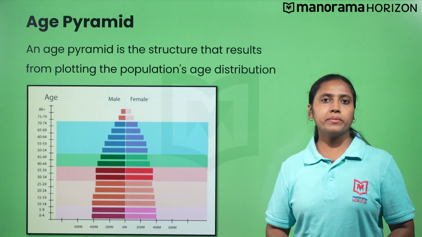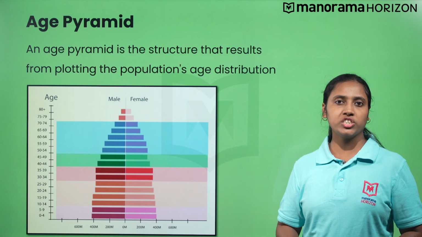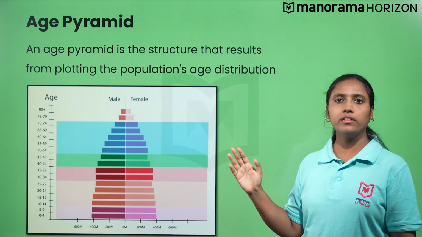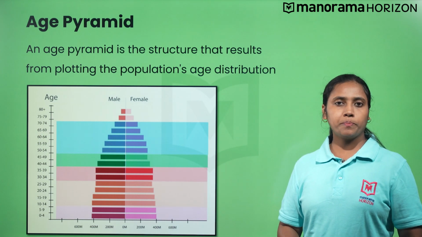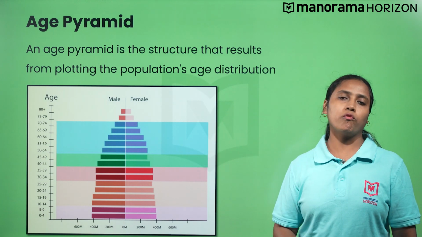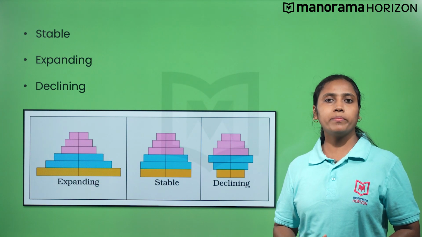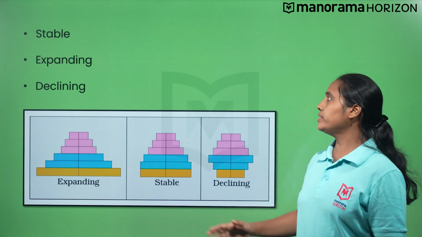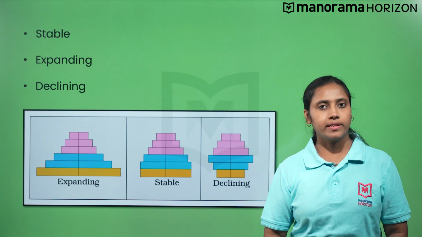An age pyramid is the structure that results from plotting the population's age distribution in a graph. Age pyramids typically display the age groups of males and females of a population. The pyramid design reflects the rate of development of the population, whether it is stable, expanding, or declining.